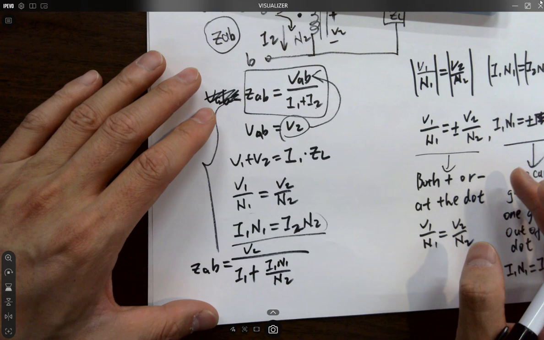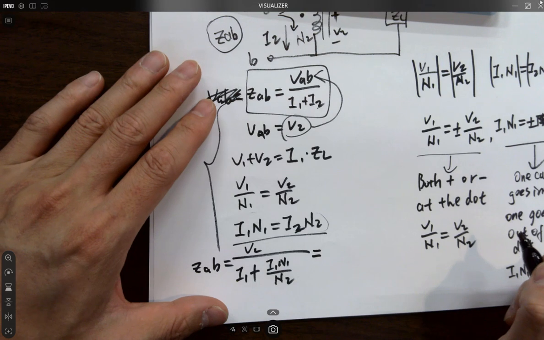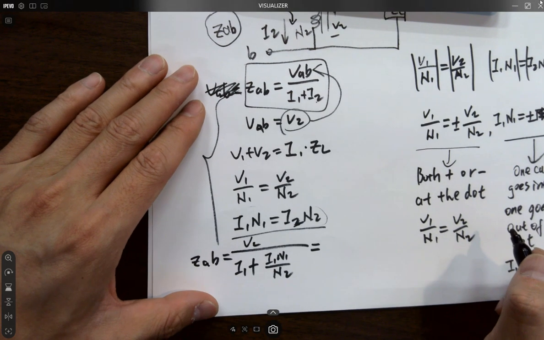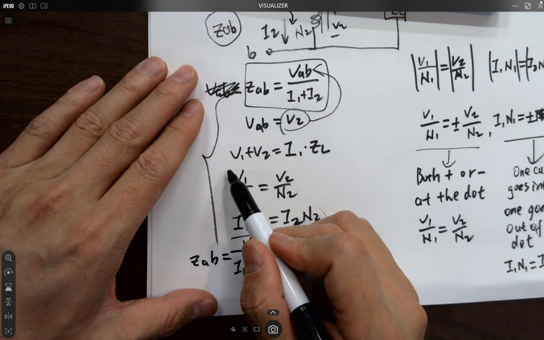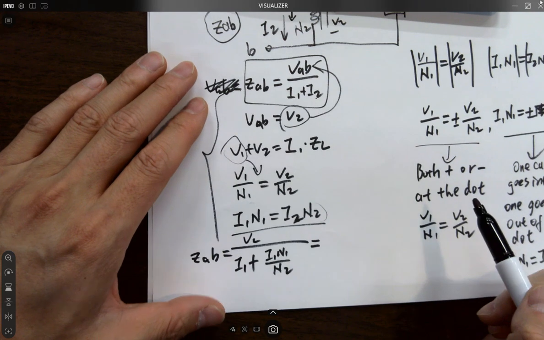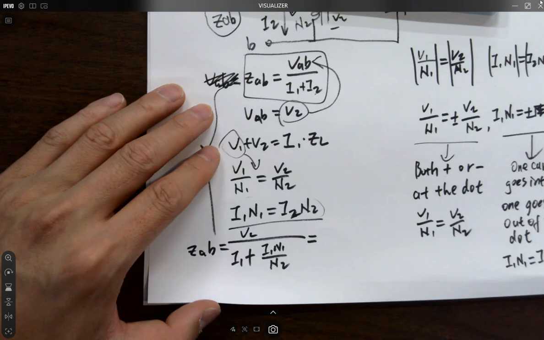So what is V2? Substitute V1 using this equation.